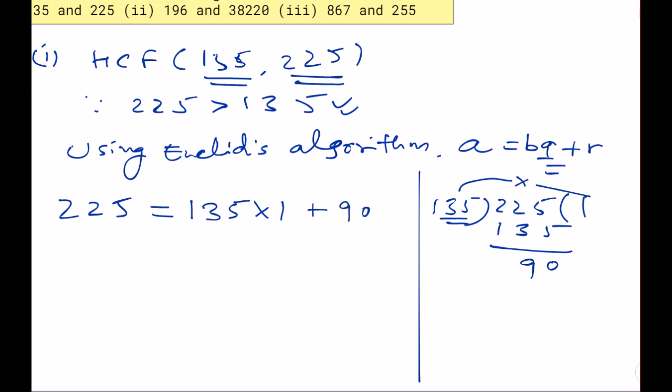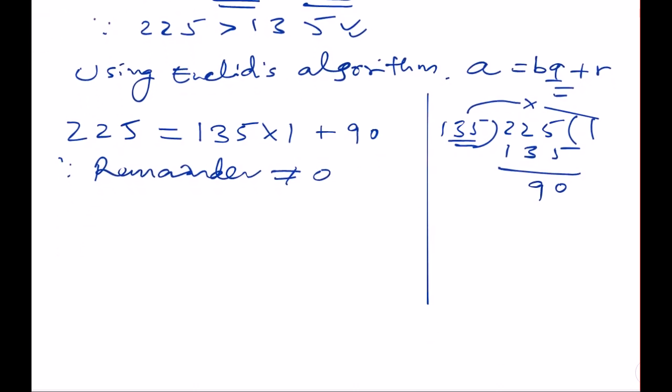Guys, we have to do this continuously till we get the remainder 0. So here we should write, since remainder is not equal to 0, so we have to proceed further to the next step. Next step will be, guys, 90 will become the new divisor and 135 will become the new dividend here. 90 ones are again 90 and 45 is remainder now.